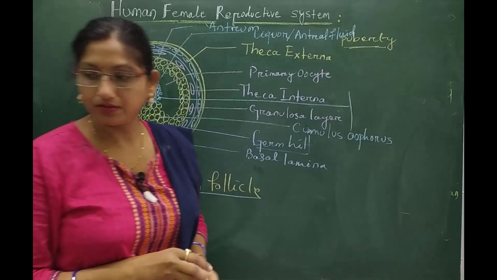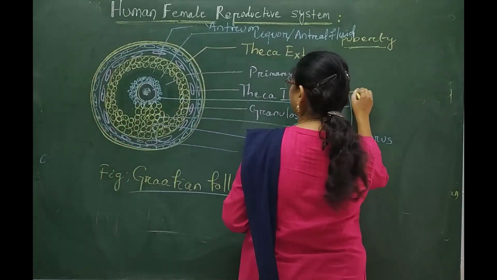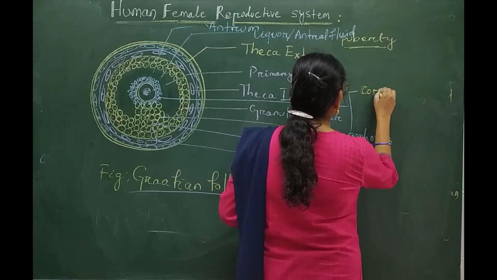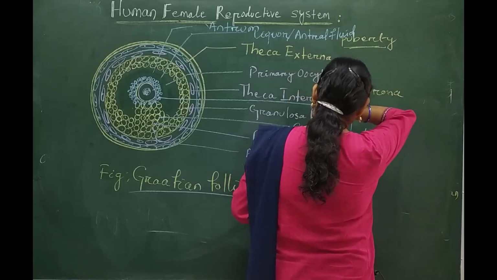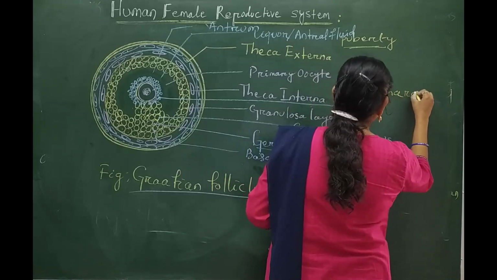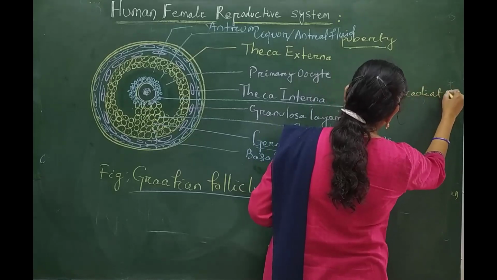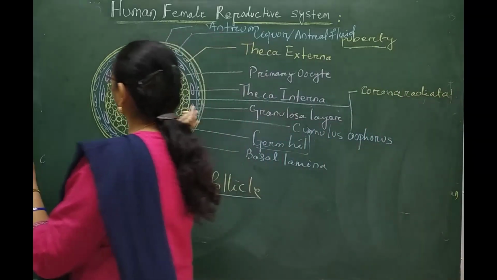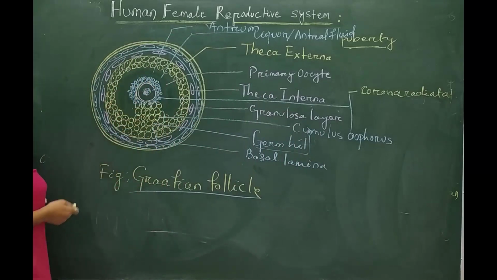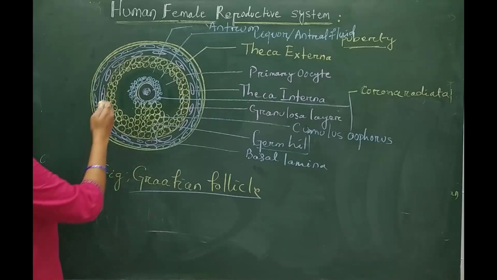The outermost layer is called corona radiata. It is the total exterior part of the primary oocyte.